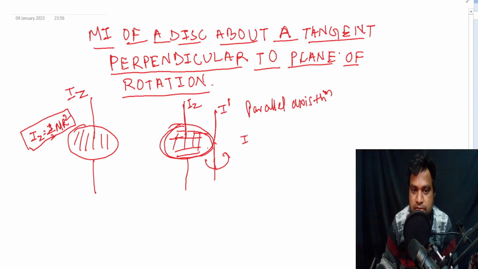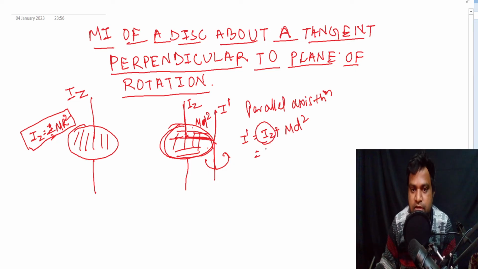That your I dash moment of inertia equal to Iz plus m d square, where m is the mass of this disk. Here d is the radius, the distance between the two axes. So m d square or m r square here.